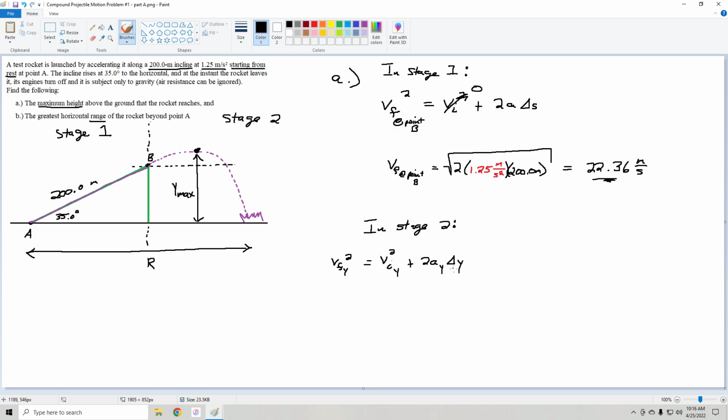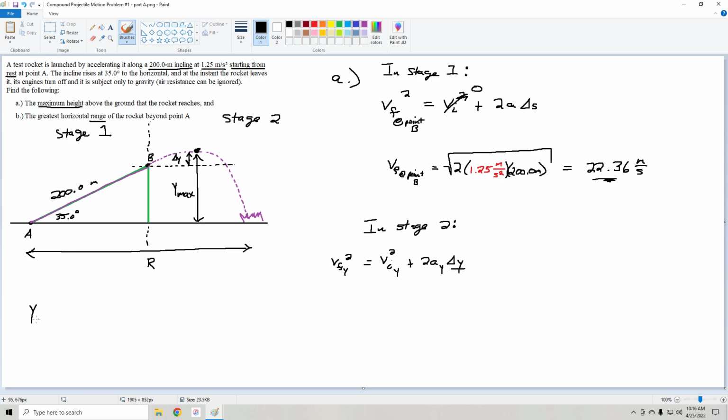And what is this quantity here? Well, delta y is just the height that the rocket reaches above point B. And why do we care about that?